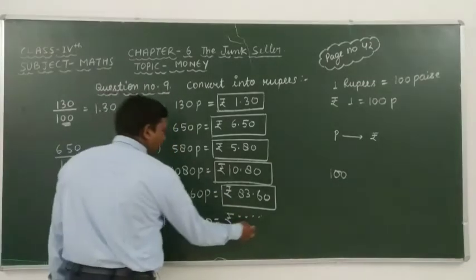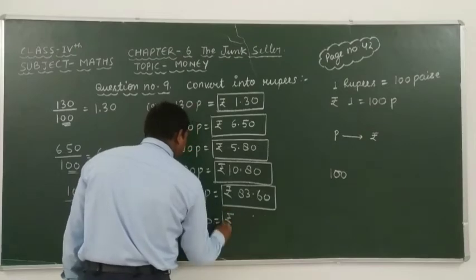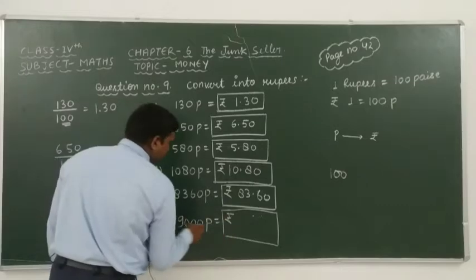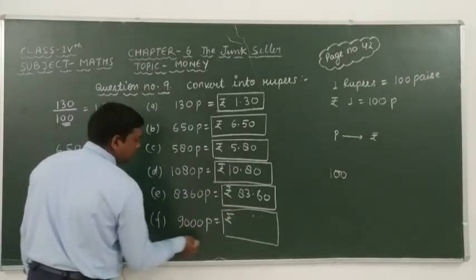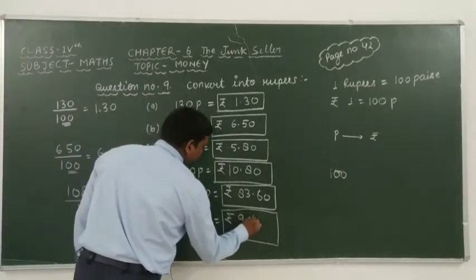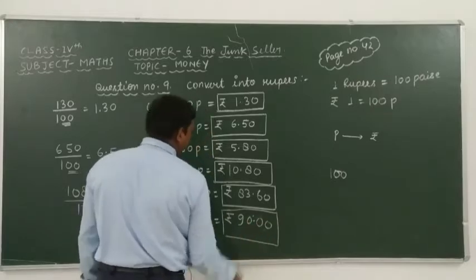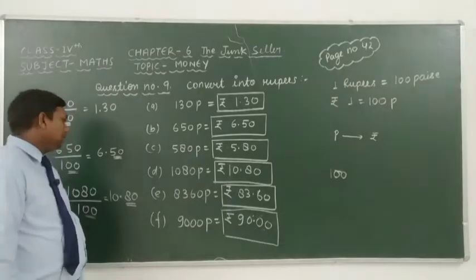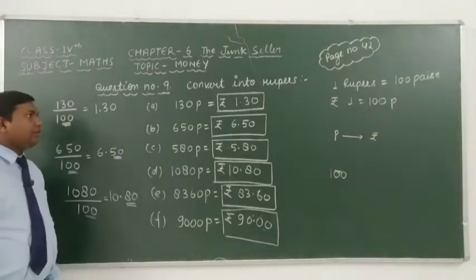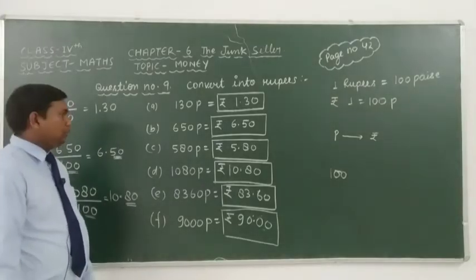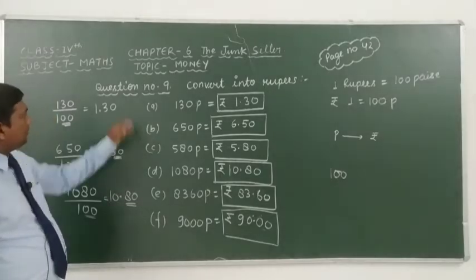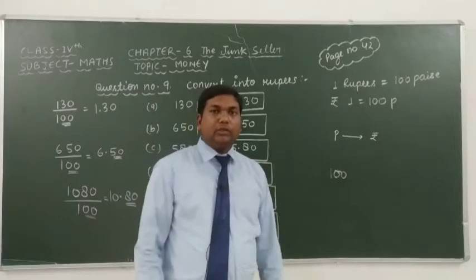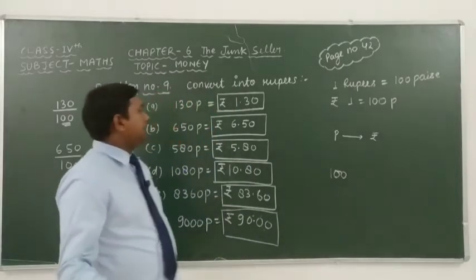Similarly 9000 paise, here we put the decimal point before the 2-digit place, therefore 9000 paise is equal to rupees 90. Similarly, do it yourself for the remaining parts of question number 9.